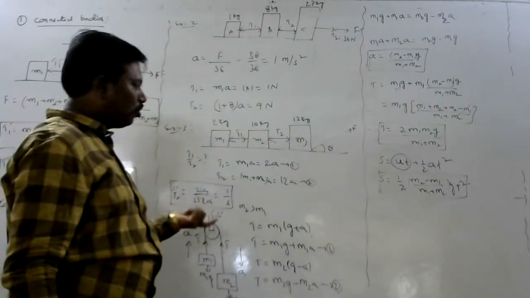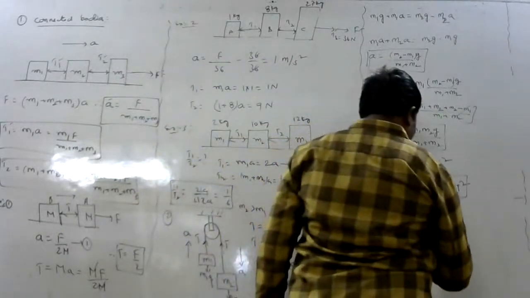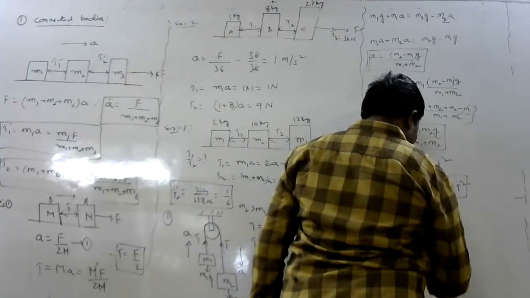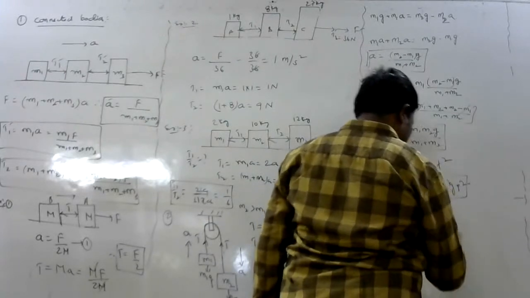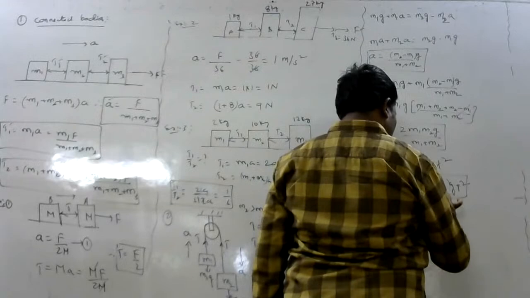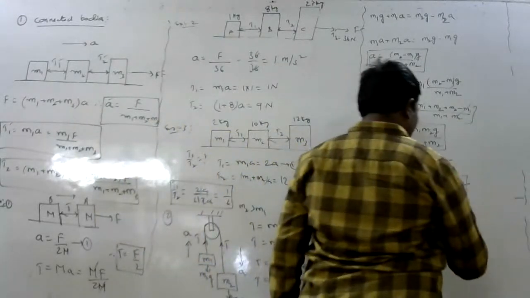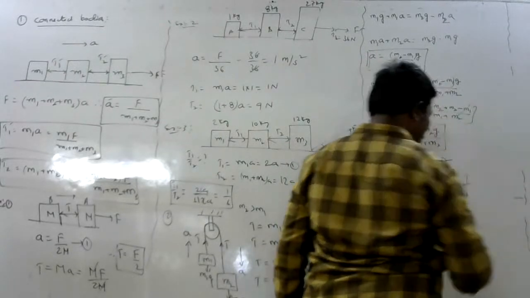And also here we have to find the force on the pulley. Here we consider a pulley and string. This is tension T and this is tension T. So the tensional force is T dash. From this diagram, T dash is equal to 2T.